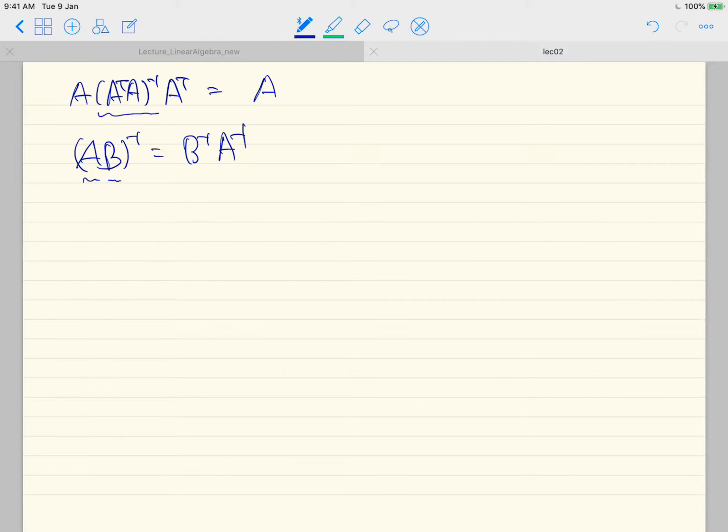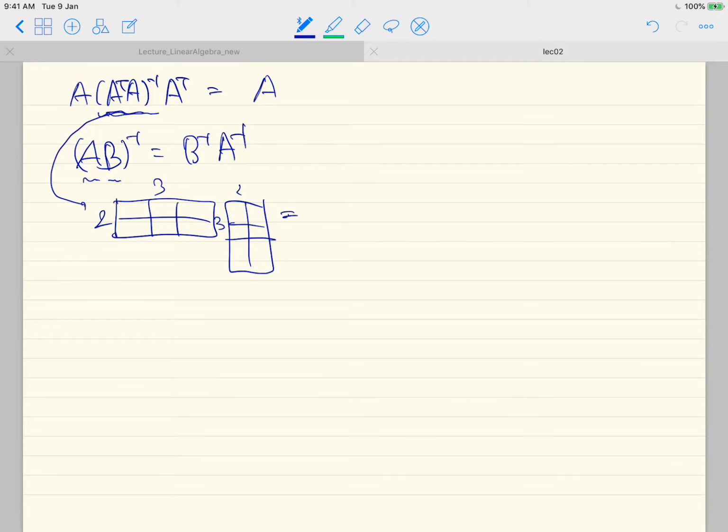In the previous case, let's look at the form of A transpose A. It is something like this: 2 by 3 times 3 by 2. That way we were able to produce at least a square matrix, and if it is invertible, then we can apply the inverse matrix, right?